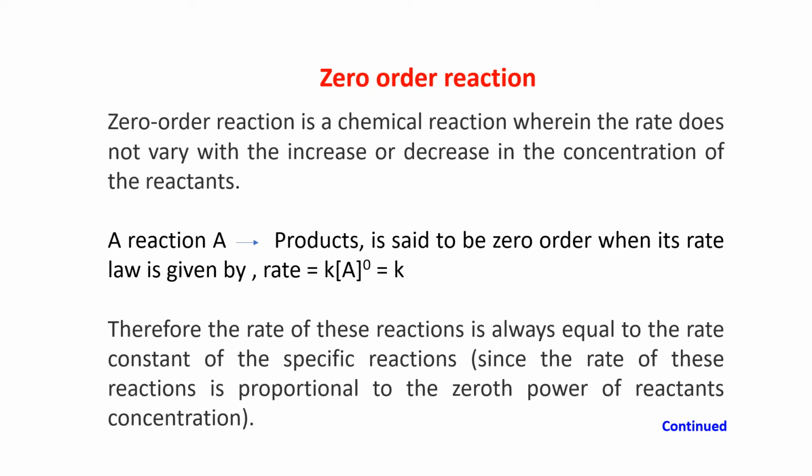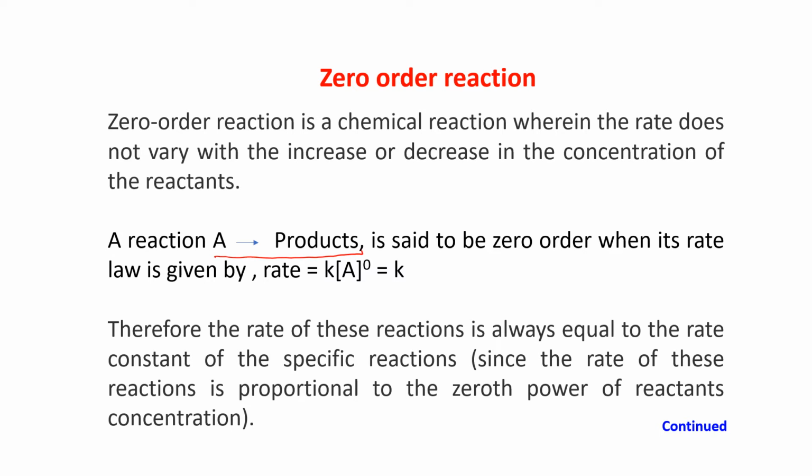Zero order reaction. What is a zero order reaction? Zero order reaction is a chemical reaction wherein the rate does not vary with the increase or decrease in the concentration of the reactant. Suppose a reaction A is giving you product.